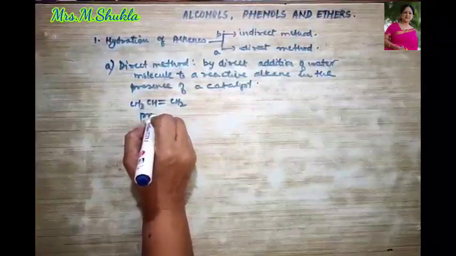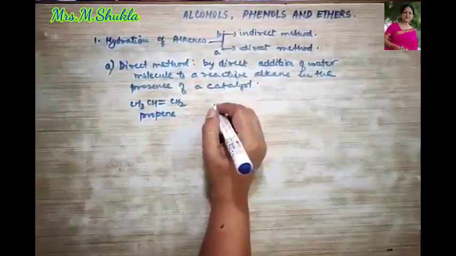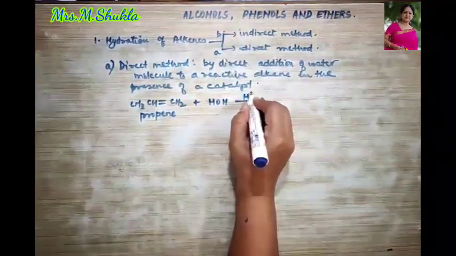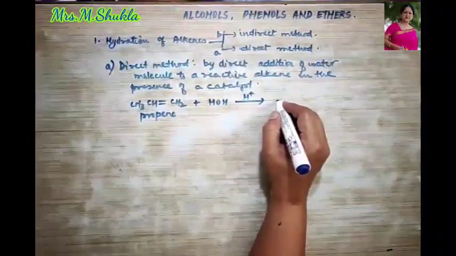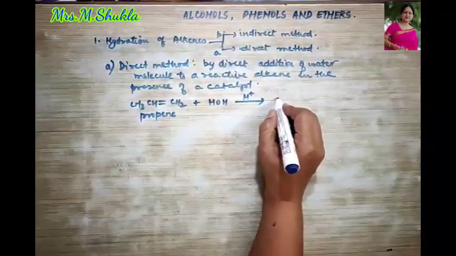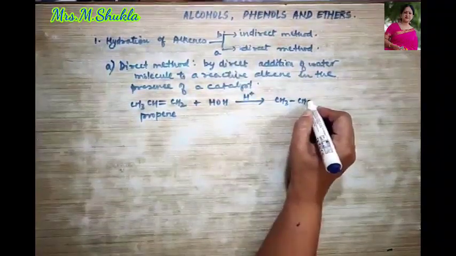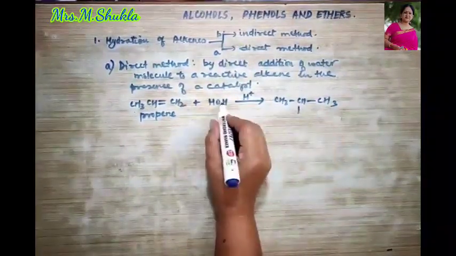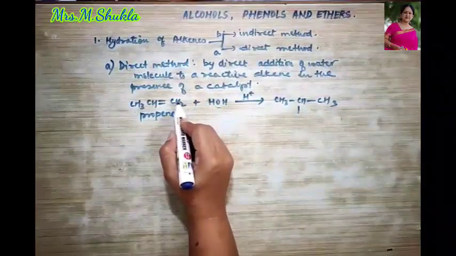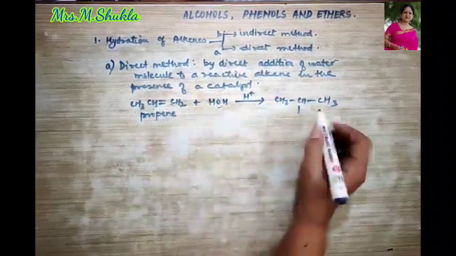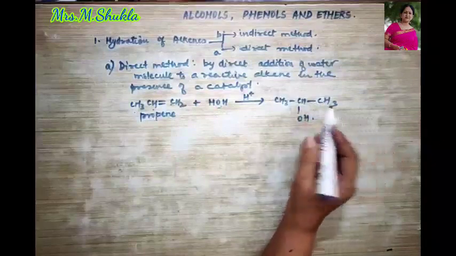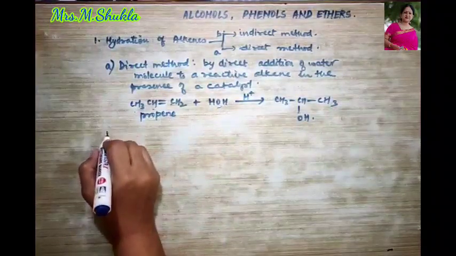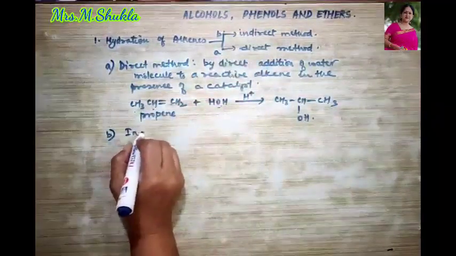It is propene. When treated with water in the presence of a catalyst, it is going to give you propan-2-ol, that is CH3CH(OH)CH3. This H will get attached to this carbon and OH will get attached to the carbon with the lesser number of hydrogen atoms. Clear?